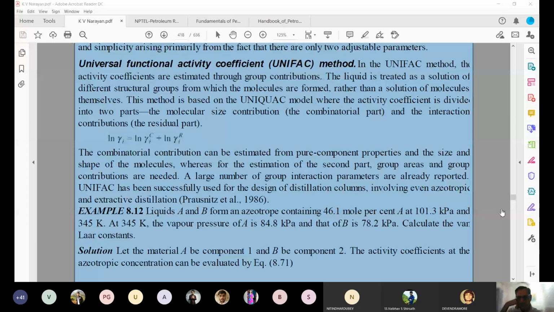Siddhi, you got the answer. What is the answer, Siddhi? सर, gamma 1 is 1.16 and gamma 2 is 1.28. 1.28, because Dikshita got something different, right? दीक्षिता, क्या मिला आपको?